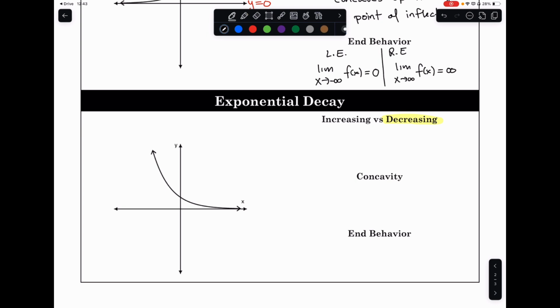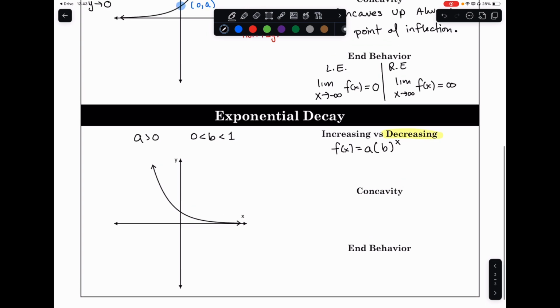We still have f of x equals a times b to the x power. But the difference here is that the value of a is still going to be a positive number, but, and here's the key thing, the value of b is going to be a number less than 1. If this value of b is less than 1, then this is going to result in exponential decay.